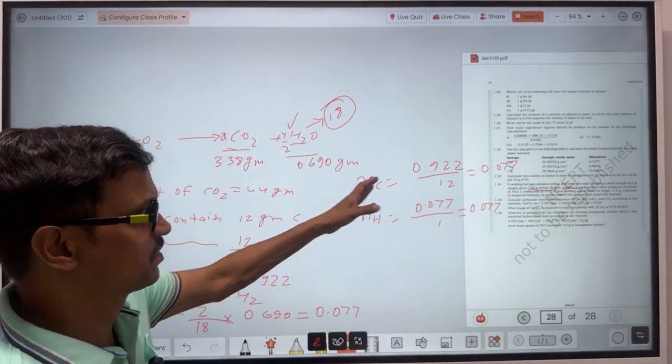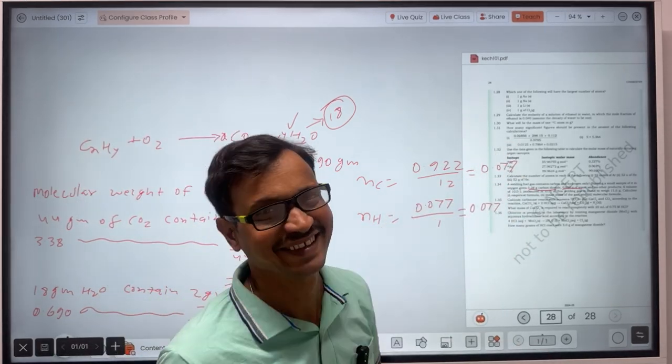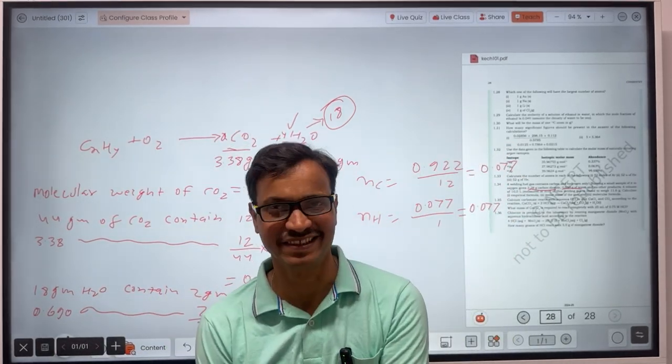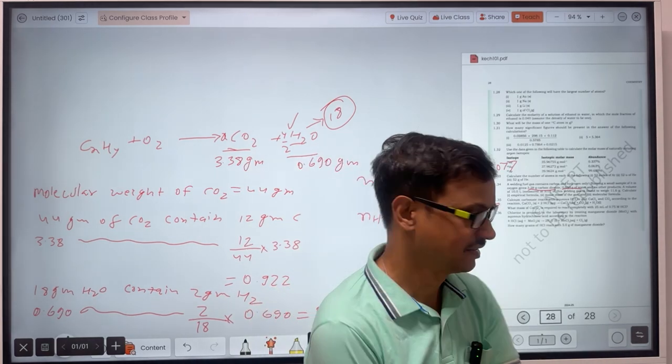So here 0.077, also 0.077. Both have the same quantity. So the ratio of carbon and hydrogen is 1:1.